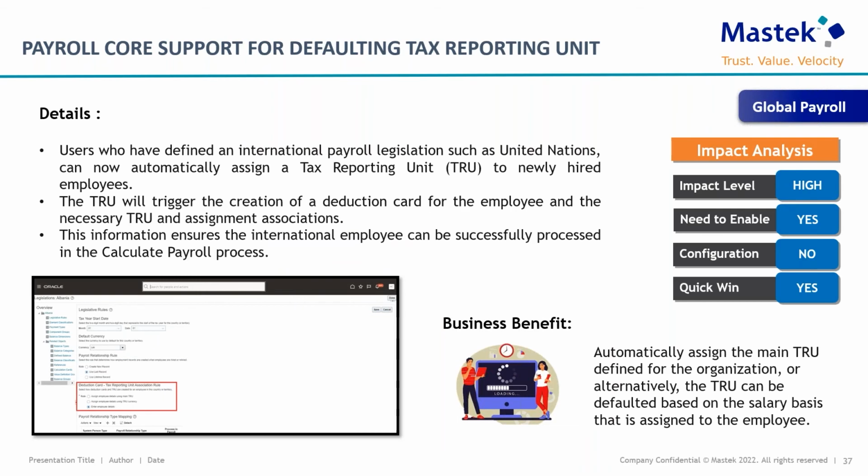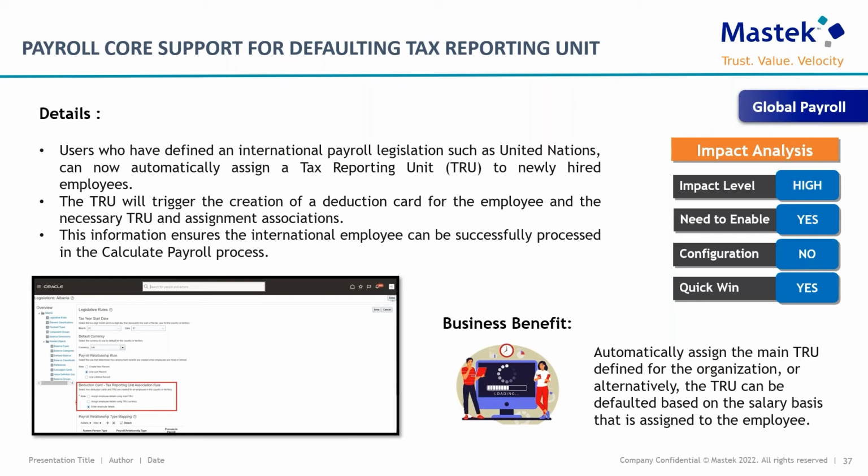Payroll core support for defaulting tax reporting unit. Yes. Users who have identified an international payroll legislation, such as United Nations, can automatically assign a TRU to newly hired employees. So basically there is now an option where we can default a tax reporting unit based on a few conditions. Like, we can attach a TRU to an employee based on the salary basis also. Let's say you have two salary bases and two TRUs, and one is linked with each other.